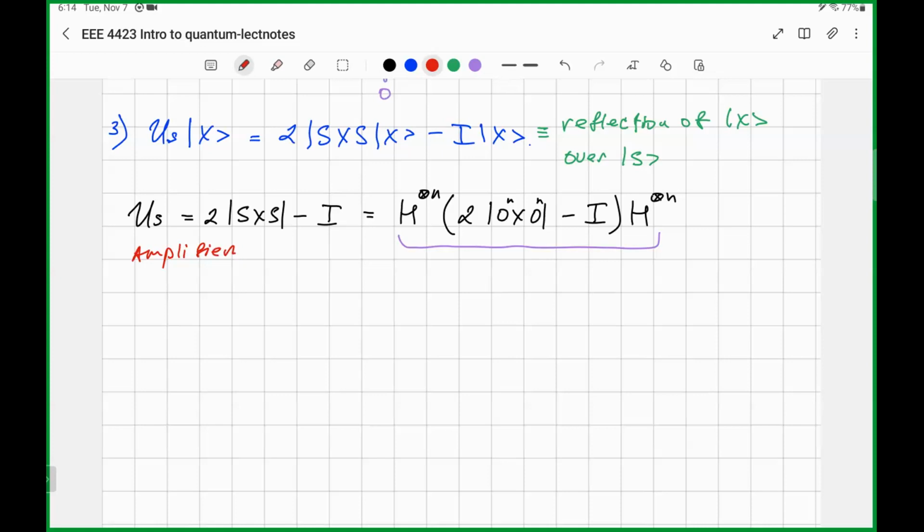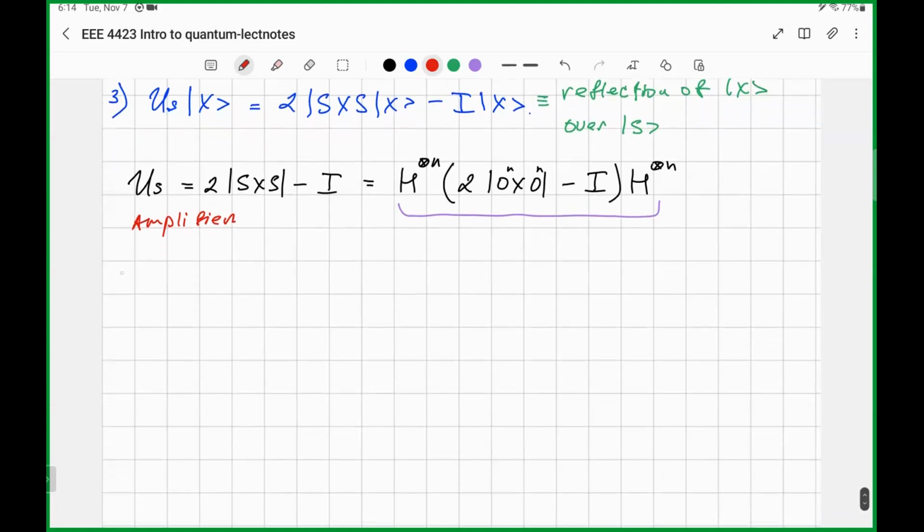So now we need to define the operator of the oracle. So this concept of oracle is not unique for Grover's algorithm and the other quantum algorithms.